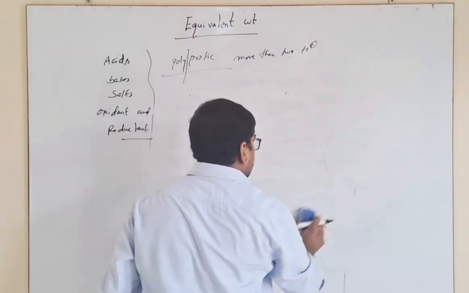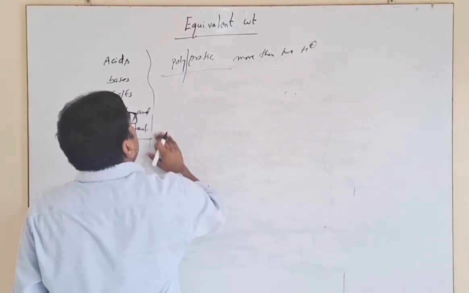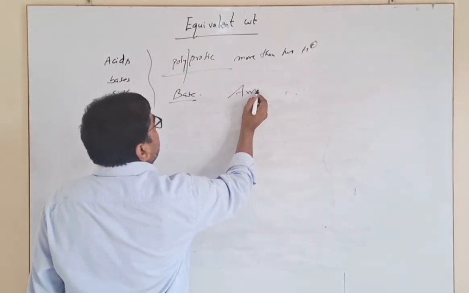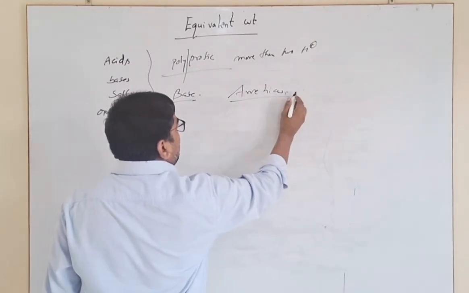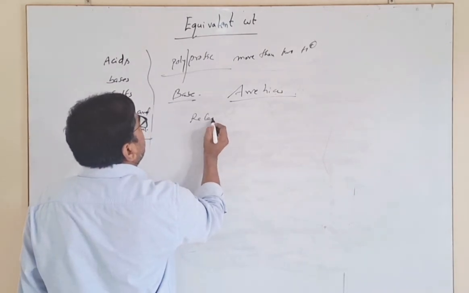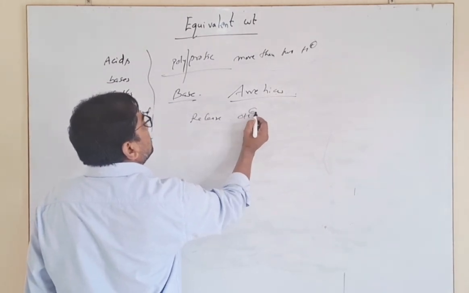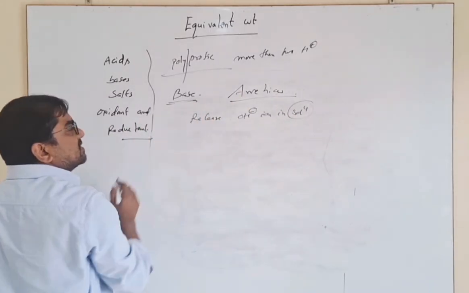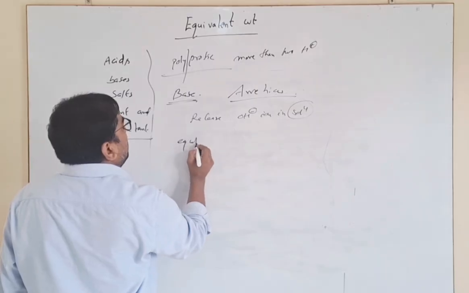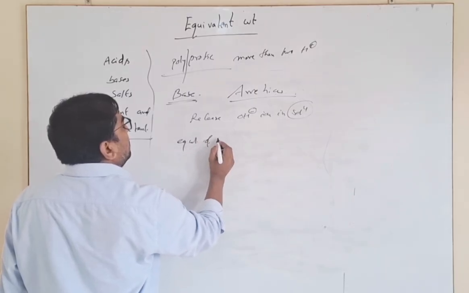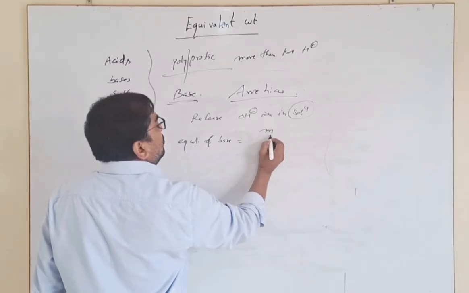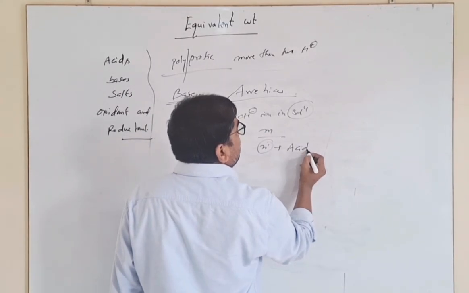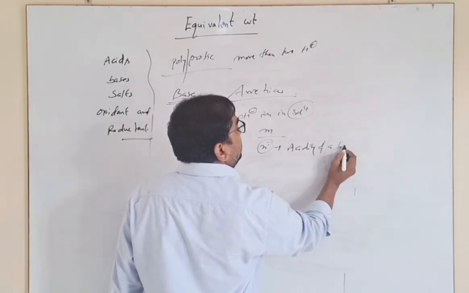Next, after acids, the same applies for bases. As per Arrhenius, bases are those that release OH minus ion in solution. Like acids, the equivalent weight of a base will be its molecular weight divided by n dash, and n dash is the acidity of a base.